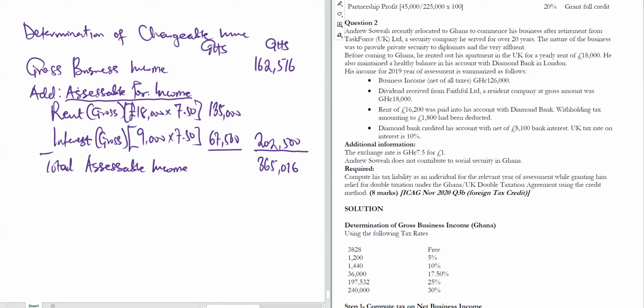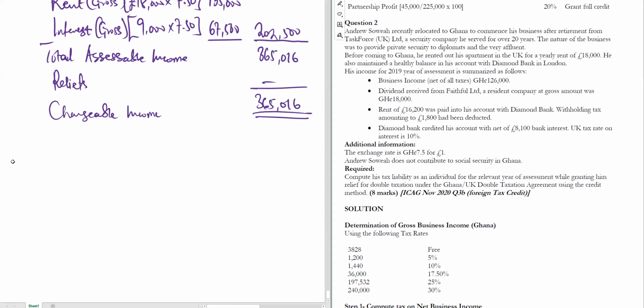Did he have any relief like Social Security, any other thing? No, he didn't have any, right? So there were no reliefs for this guy. So nil. That means his chargeable income is still what? 365,016. So now that we've seen this, let's get his tax payable.